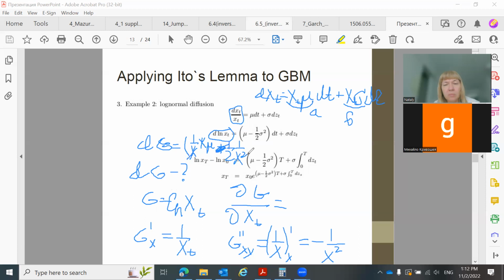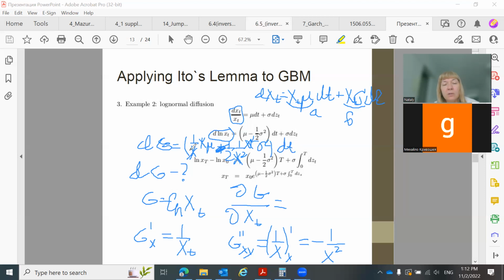It doesn't cancel, because here we just have x and there x. And multiplied by b squared, and b squared is x squared and sigma squared, times dt.